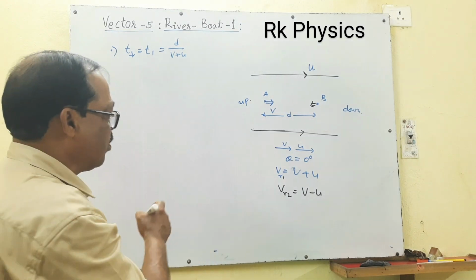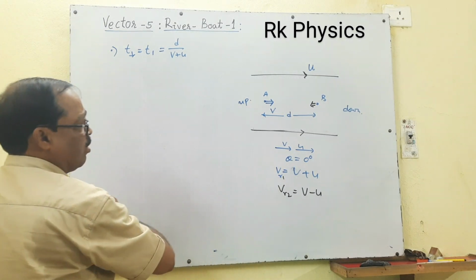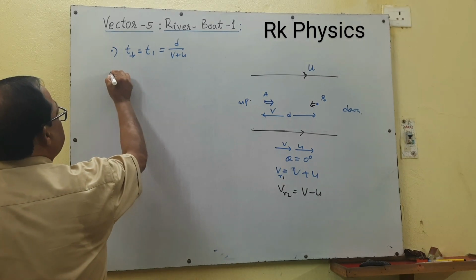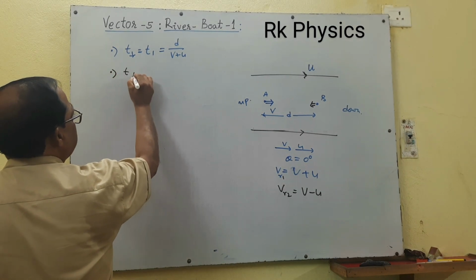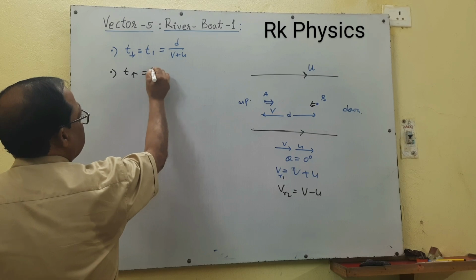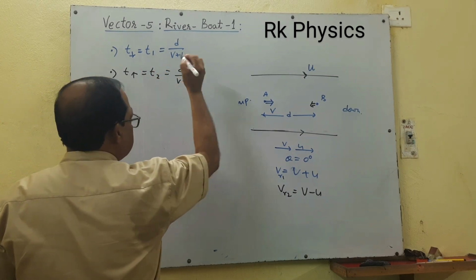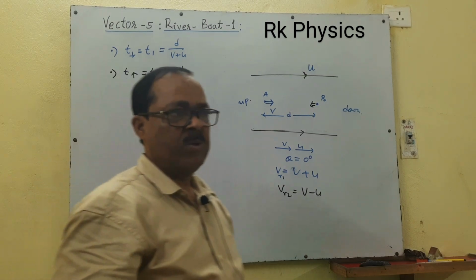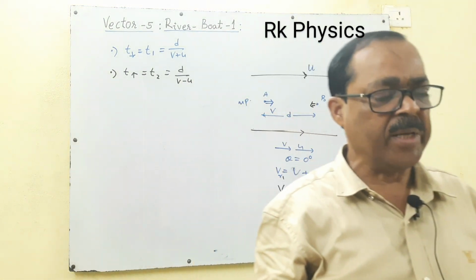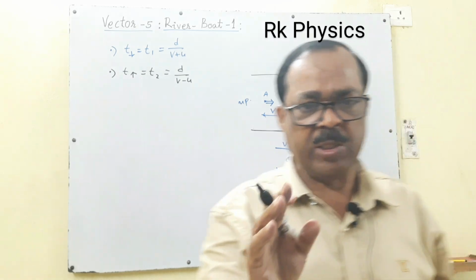Otherwise, it is not possible to cover BA. So the second formula: T upstream, that is T2, equals distance divided by resultant velocity.